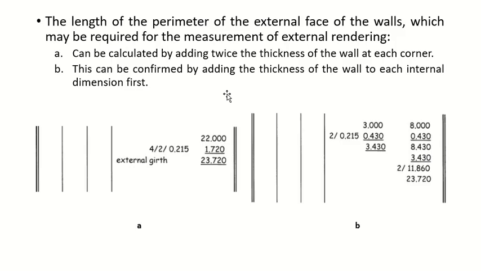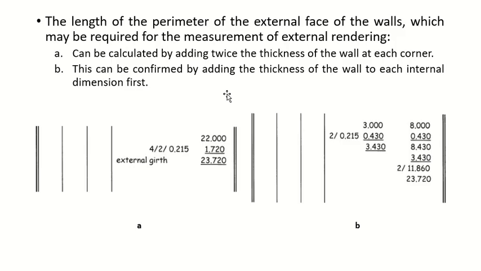This is one side of the room, this is the other side of the room. It's a rectangle, right? 2 sides or 2 dimensions. So this is one dimension, this is the other dimension. Which one? Internal. And you want to get to the external, so in the internal I will add wall thickness on each side, so 2 into wall thickness.